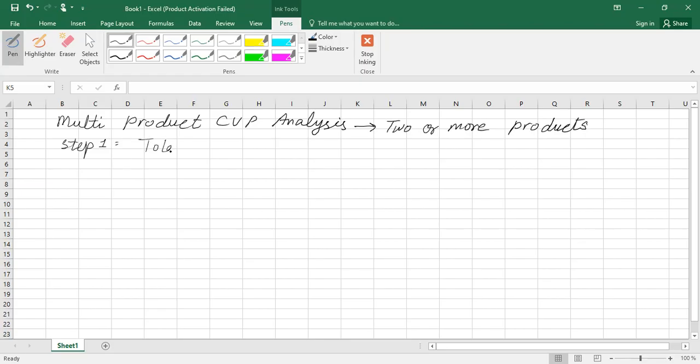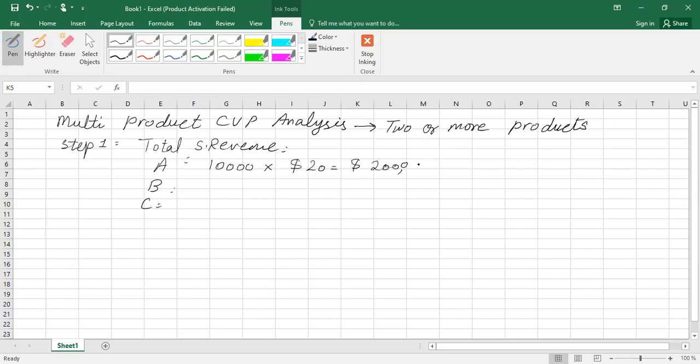Step number one is what? Step number one is to calculate the total sales revenue. Suppose I assume that there are three products A, B, C. I am selling 10,000 units of A and the selling price of A is $20. So it is $200,000.